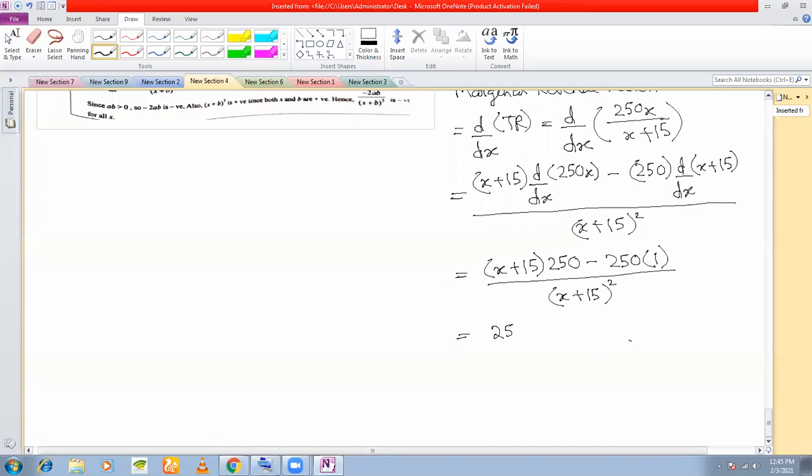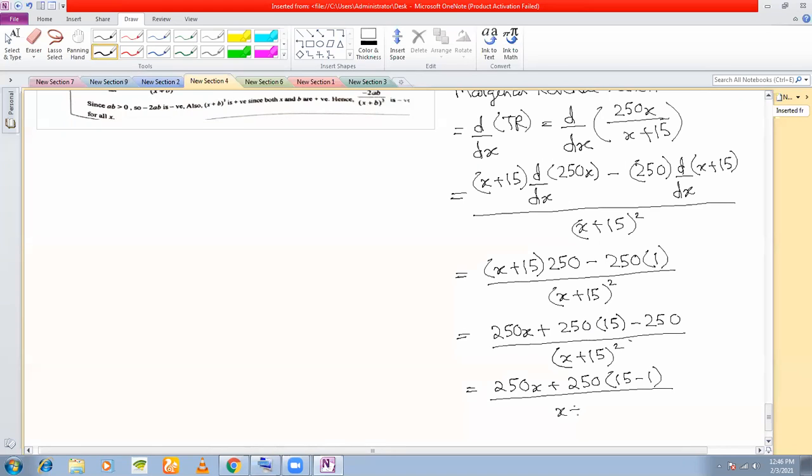So you get 250x plus 250 into 15 minus 250, divided by (x plus 15) square, which is equal to 250x plus, if you take 250 common, you get 15 minus 1, divided by (x plus 15) whole square.